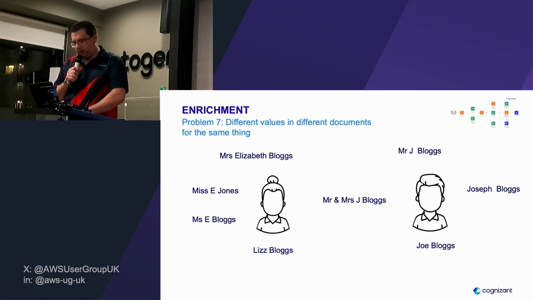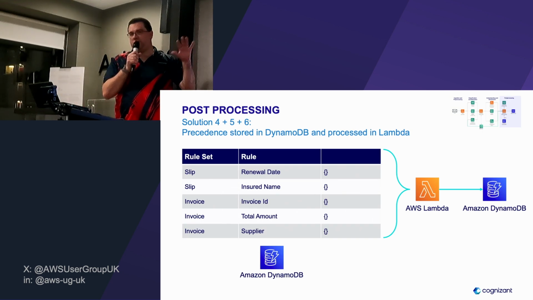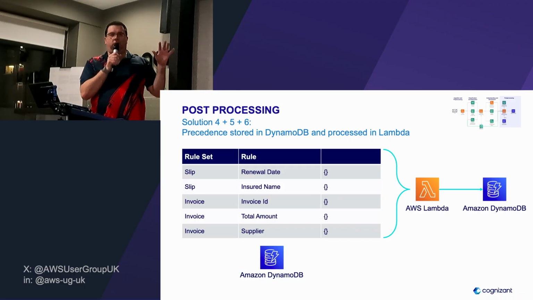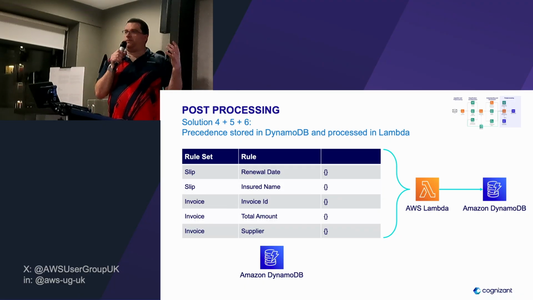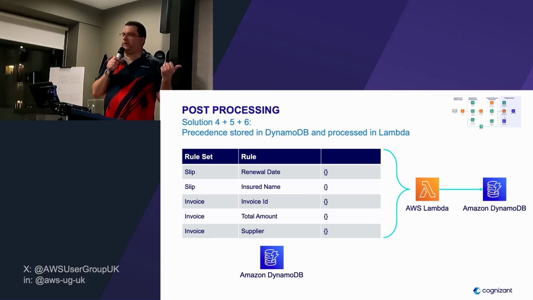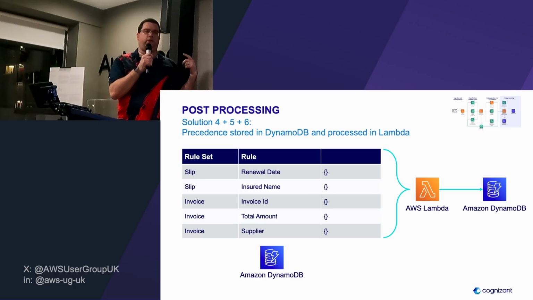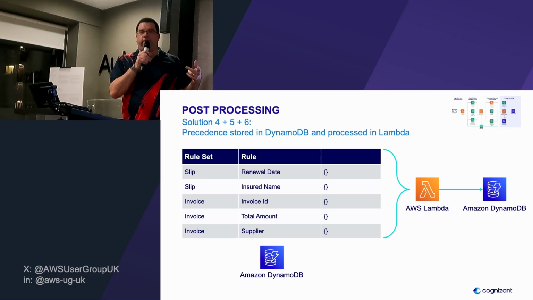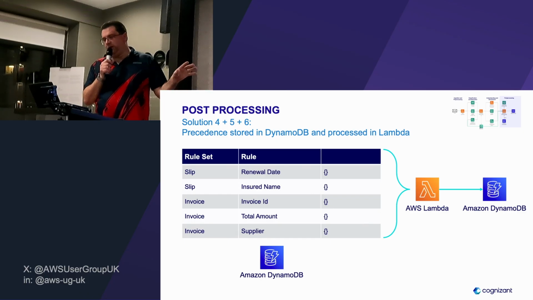We stored all that information as we were going along in DynamoDB, and then using a rule set in DynamoDB, we developed these rules that said, okay, if it's the most frequent thing, use that if it's appropriate. If it's the first occurrence, use that. If it's a certain type of date, or if it's date format, use this kind of formatting based on this thing. So we started building up all these rules into DynamoDB to then allow us to push that in and extract those final details into the system.